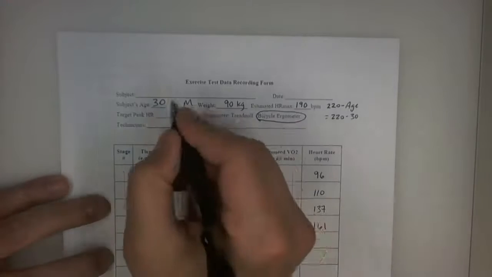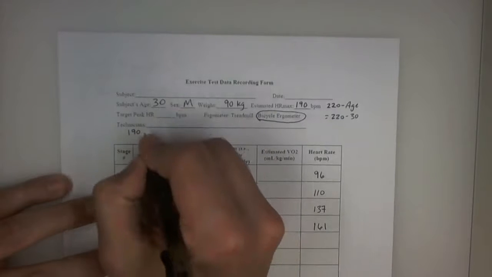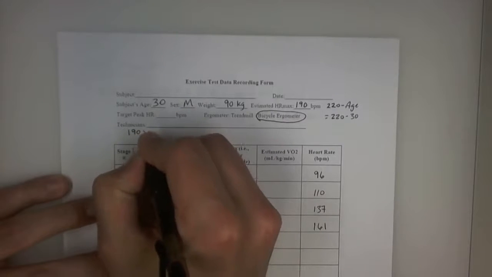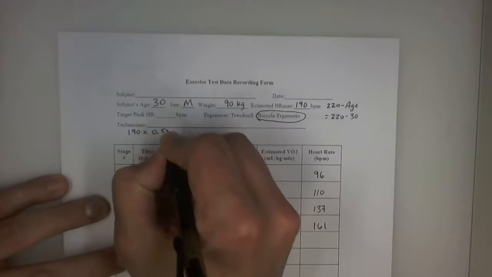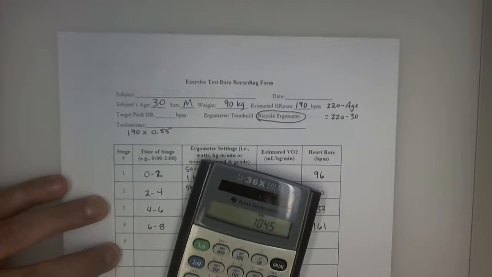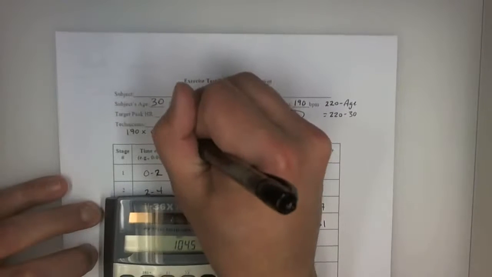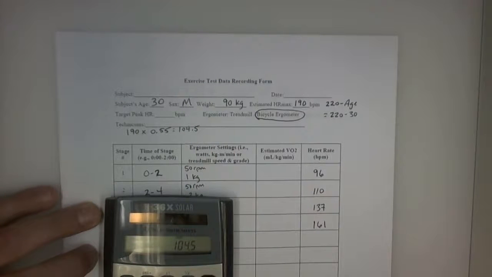So to do that, we'll take our age predicted heart rate max, which is 190. To get 55% of that, we'll multiply it by 55% as a decimal, so 0.55 times 190 gives us 104.5, and then to get 85% of that, we'll multiply 190 times 0.85.